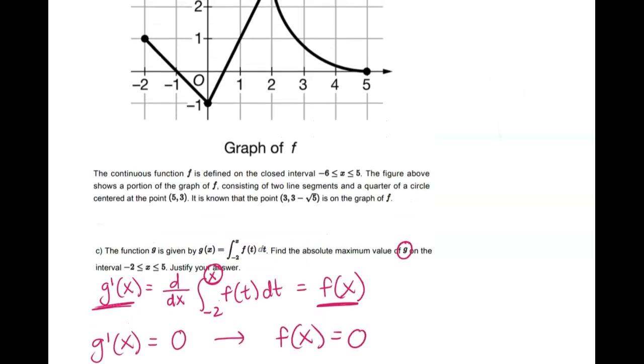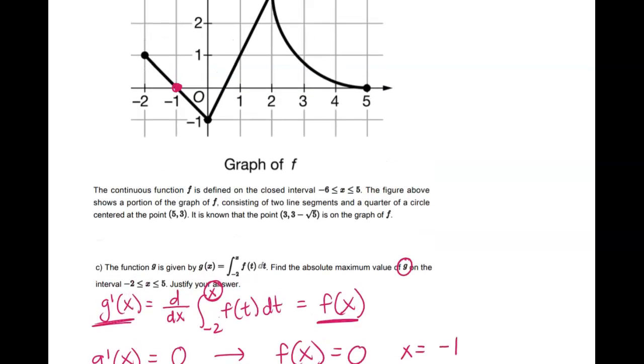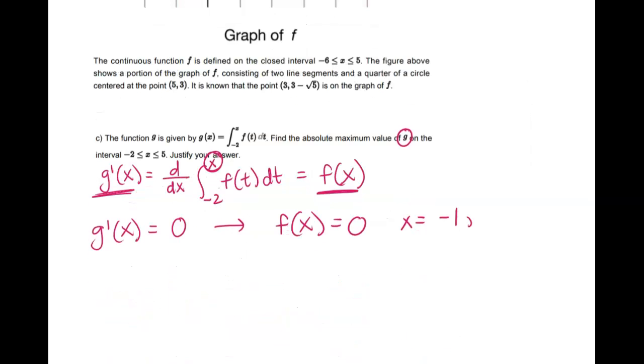And now we look at our graph. So f of x is 0 when x equals negative 1, 1/2. We talked about for the prior problem why that's 1/2. And 5. Now, it's an absolute maximum. So now at this point, what's the biggest?